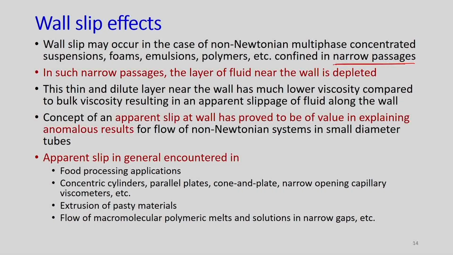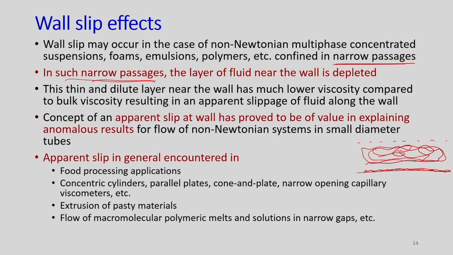So, why does this slip velocity occur? As I already mentioned, in such narrow passages, let us say this is the center of the capillary pipe, the first layer of the fluid attached to the surface will be depleted. In general, this depleted layer has a viscosity smaller compared to the bulk viscosity of the fluid in the other region.